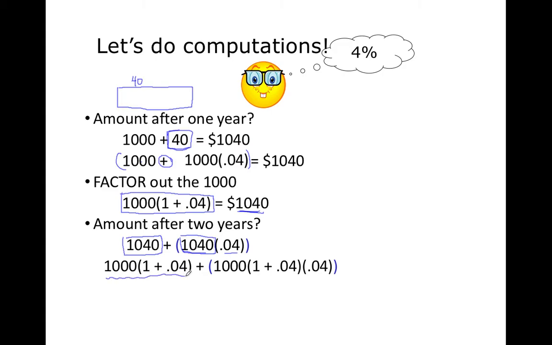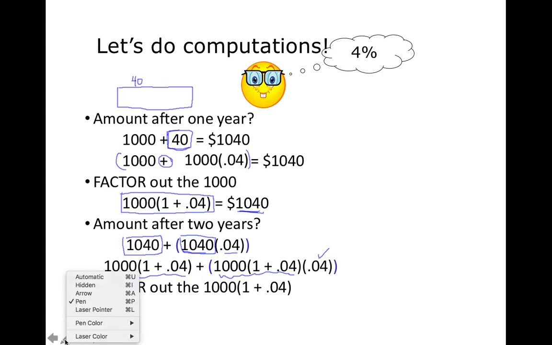This is 1,040 plus 1,040 times the interest. Now I'm going to go to the next screen and just make this bigger to factor out the 1,000. I'm sorry, I'm going to factor out the 1,000 times 1 plus 0.04, right? So let me just highlight that here. On the next screen.